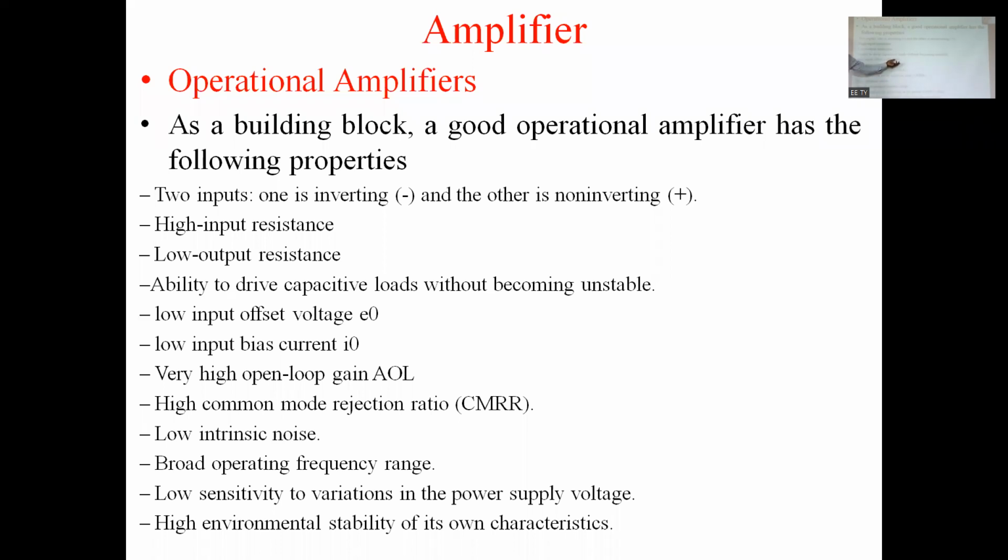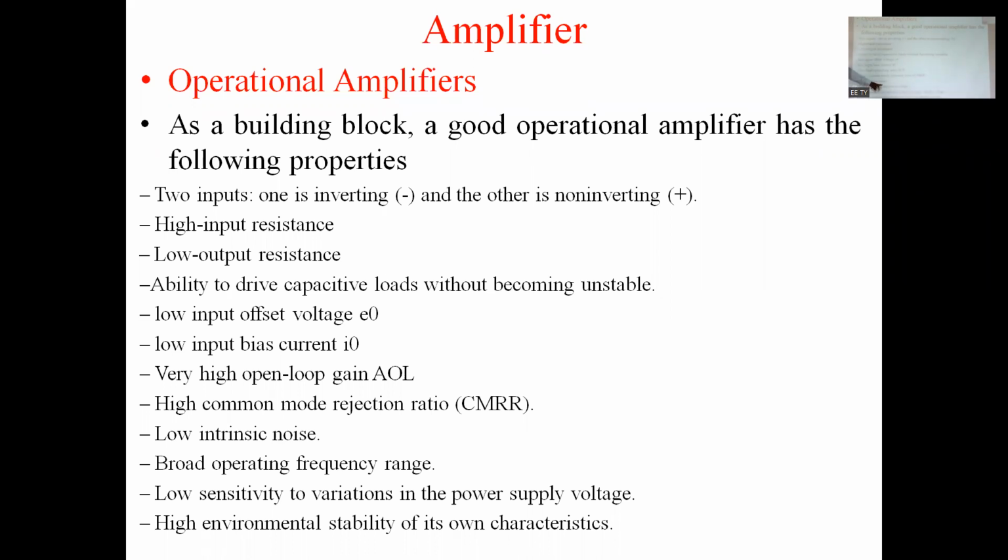Low input offset voltage, E0. Low input bias current, I0 should be low. Very high open loop gain. Then high common mode rejection ratio, CMRR, should be high.